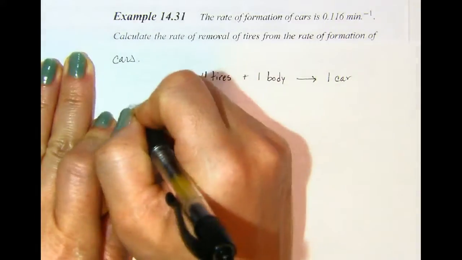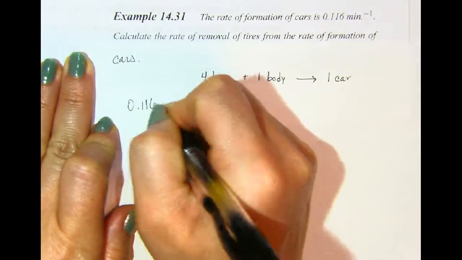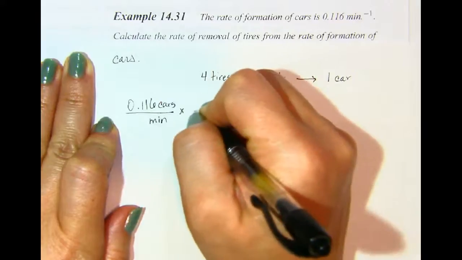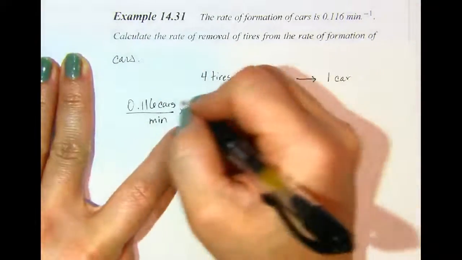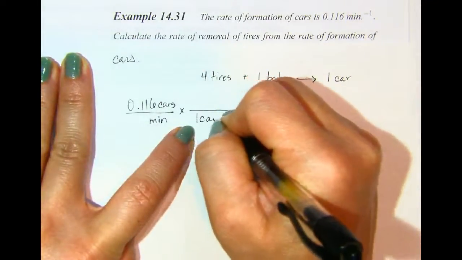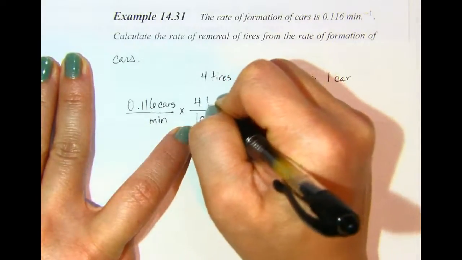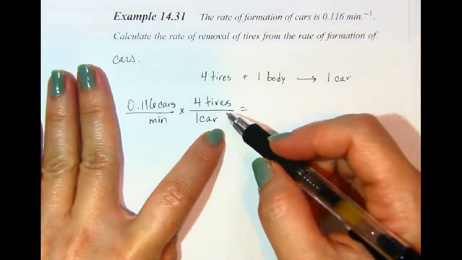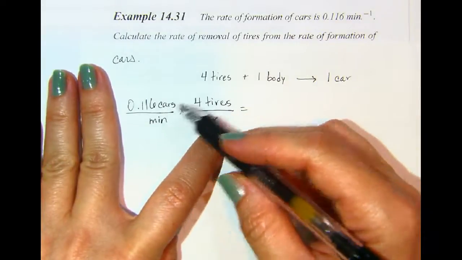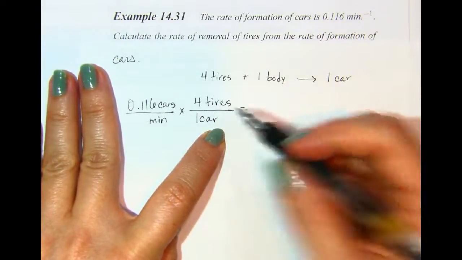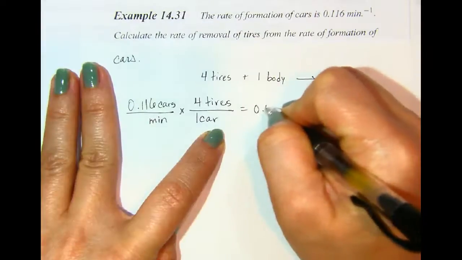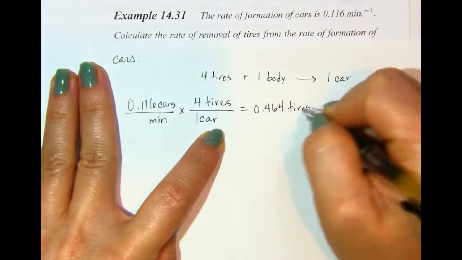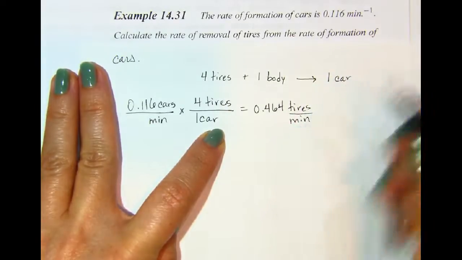We take our 0.116 cars per minute and use the stoichiometry that for every 1 car, we remove 4 tires in order to get the rate of removal of the tires. So 0.116 times 4 is equal to 0.464, and that's tires per minute removed.